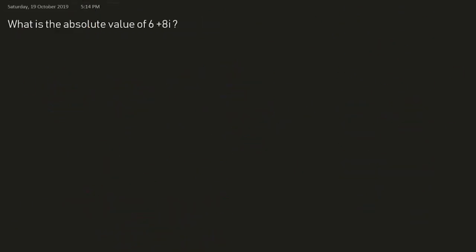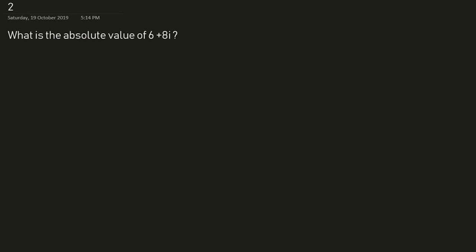Next problem. Our problem here says that what is the absolute value of 6 plus 8i? Guys, when they are asking us to find for the absolute value, they are actually wanting us to find for the value of the r or the modulus. So to solve for r, our equation for that would be r is equals to the Pythagorean theorem, square root of x squared plus y squared.